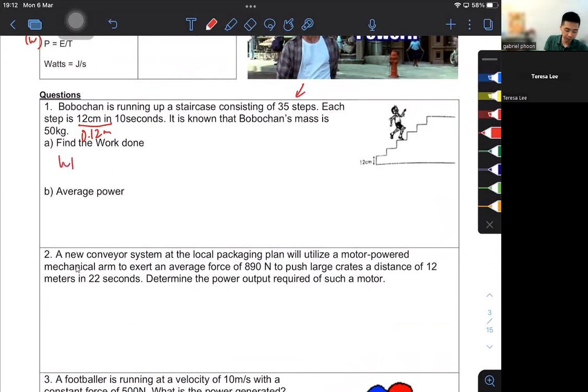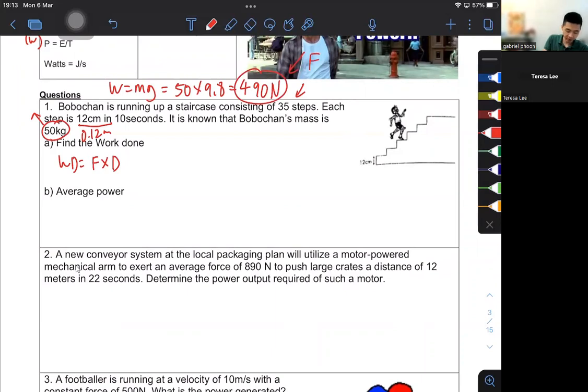So from here, work done is equals to force times distance, right? Your force would have been converting this into weight, into force first, because W is equals to mg. So in this case, it's supposed to be 50 multiplied by 9.8, which will give you 490 Newton. This would have been your force.